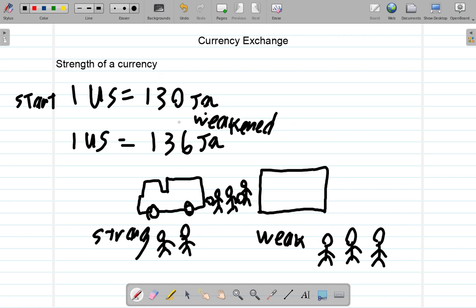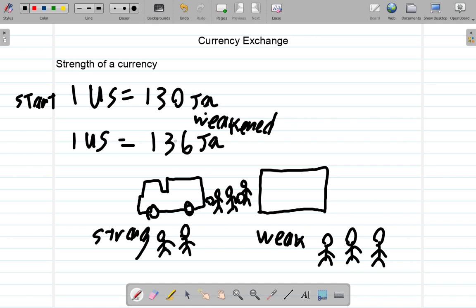It's the same thing with the Jamaican dollar. It got weak. So the work that 130 of them could do, they can't manage it anymore. So you need 136 Jamaican dollars now to do the same work. So the dollar has got weak. It has weakened against the US dollar. So you need more of it.